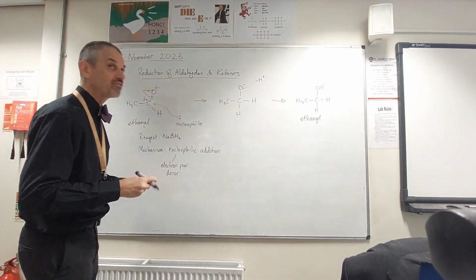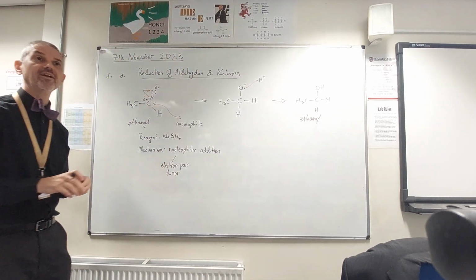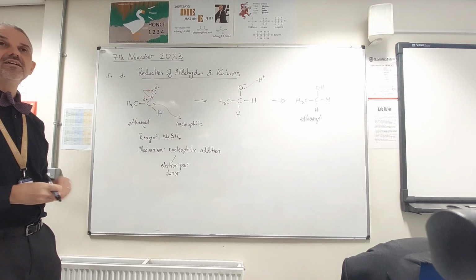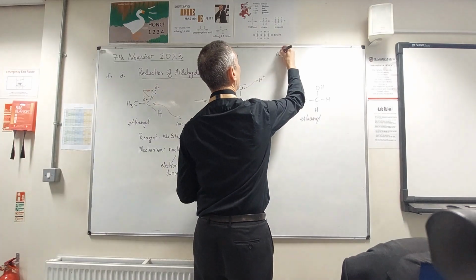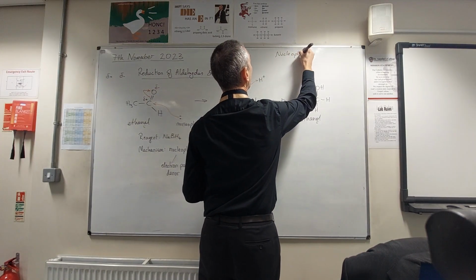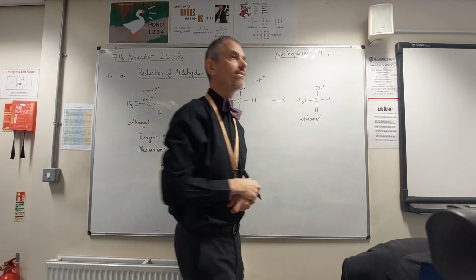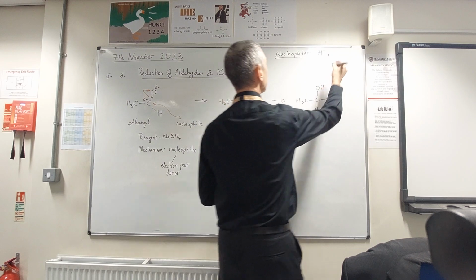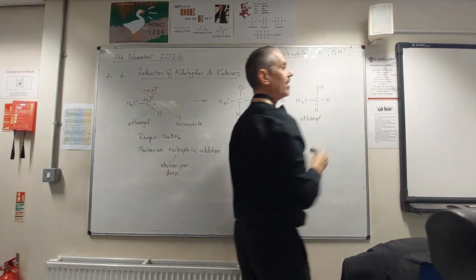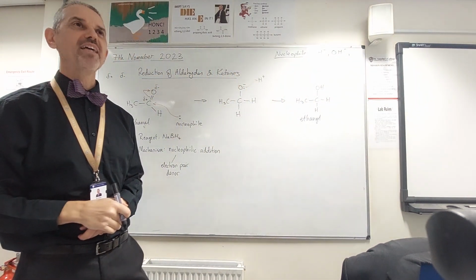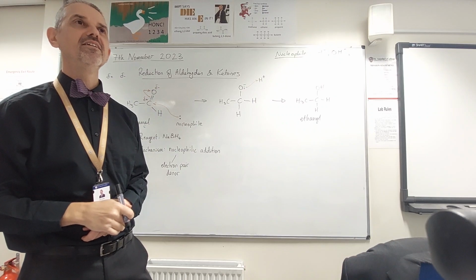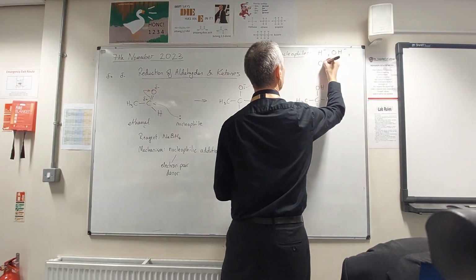What are some other nucleophiles we know and love? I'm going to go to Alfie for that one. CN minus is a good nucleophile. Any more in your little bag of nucleophiles? Perfect. That was the one I was going for.